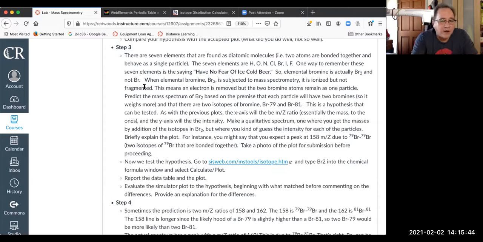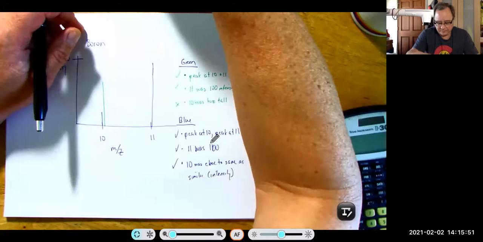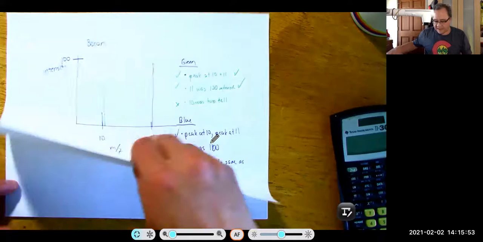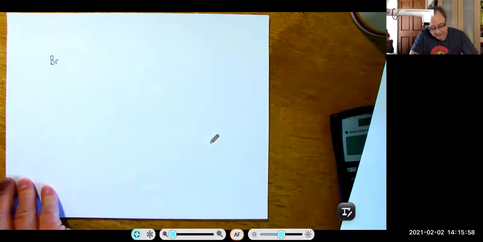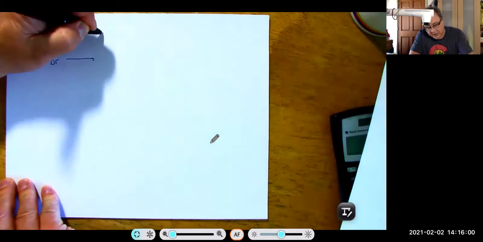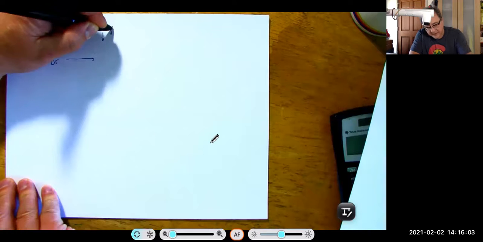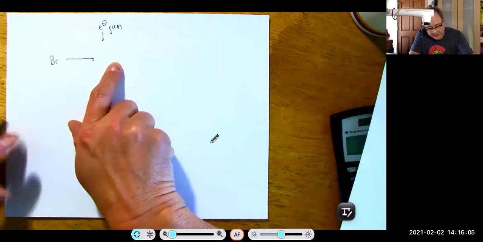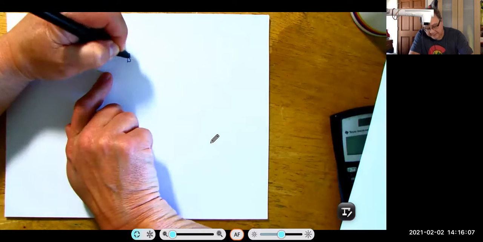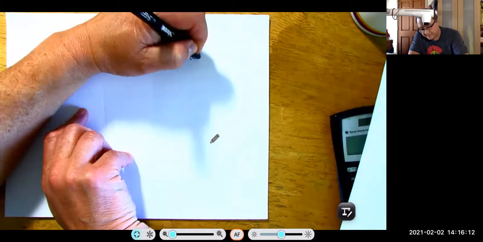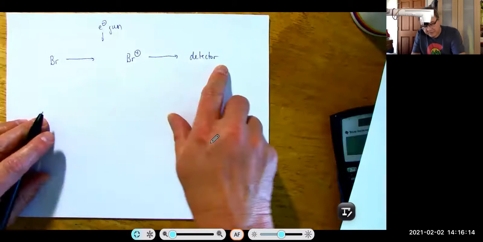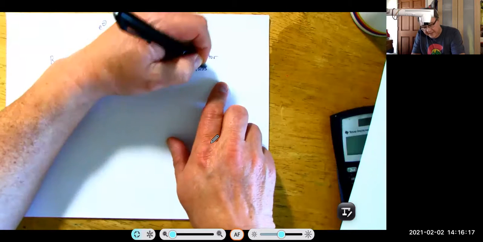So before we move on, I want to draw a picture for you. So I got to switch screens. Do you remember that mass spectrometer where you have an atom? It goes through the electron gun. And after it comes out of the electron gun, it's an ion. And then it goes eventually to the detector. And the detector measures the mass and the intensity.